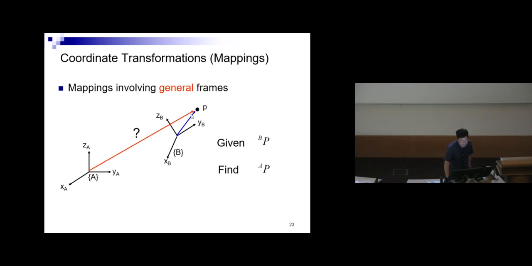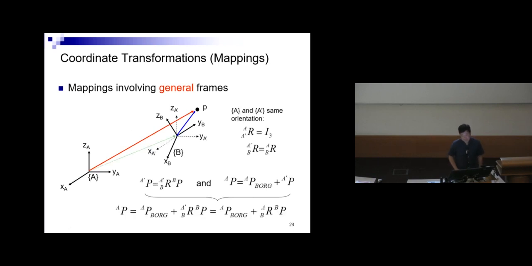I want to find this point with respect to frame A. So same thing, we can visualize that we have an intermediate frame. This intermediate frame is A prime.